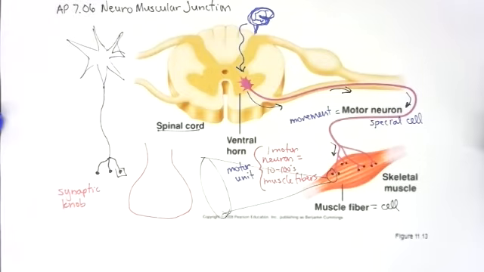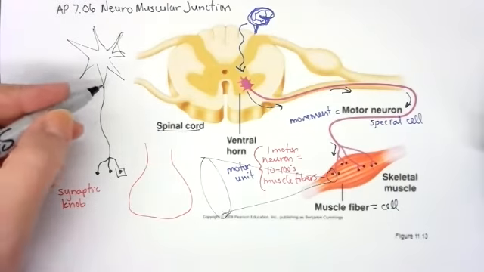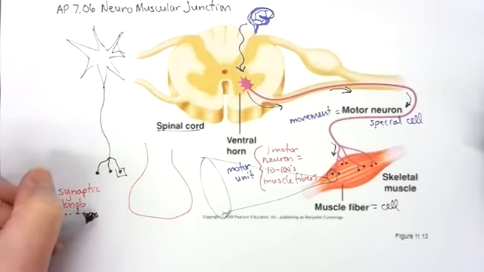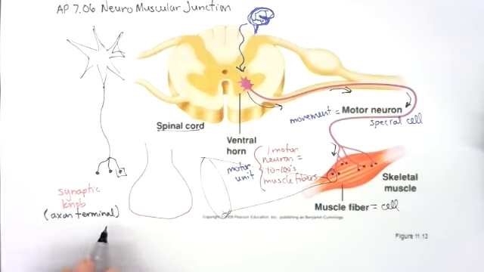If you were in psychology, you've done all of this already. It's also sometimes called the axon terminal. Axon terminal just means the end of an axon, and this long structure here is going to be called an axon. This is more of a directional thing where it just means the end of the axon. When we're talking about the synaptic knob, we're talking about the actual area that terminates, at the end of the axon.